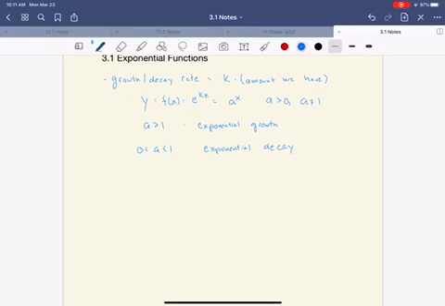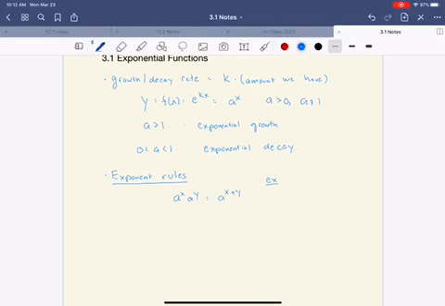Okay, so let's start first with some just general exponent rules. Okay, first is when you multiply things with the same base, you're going to add the exponents.